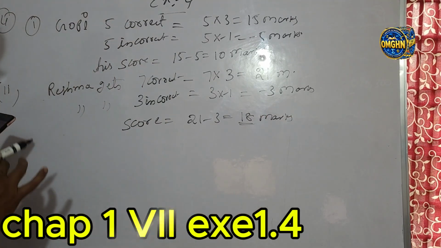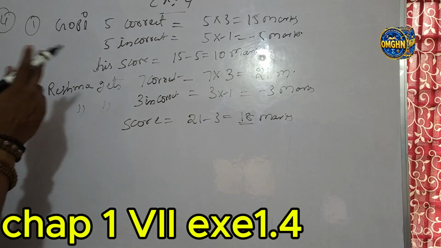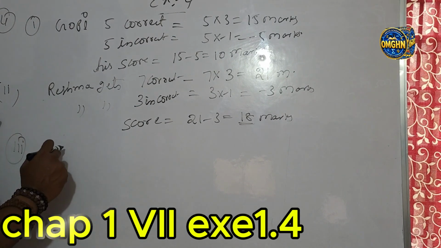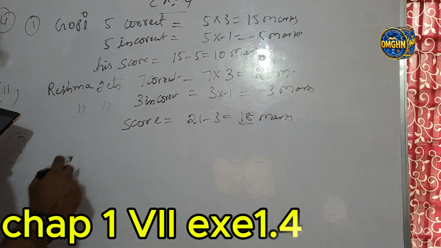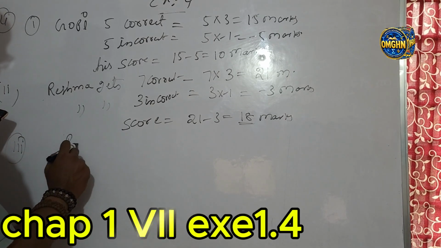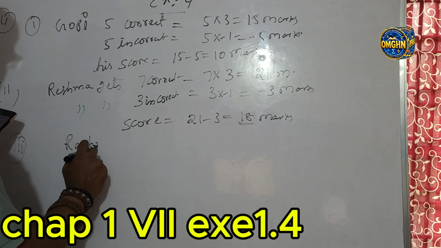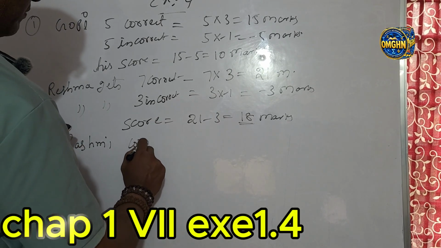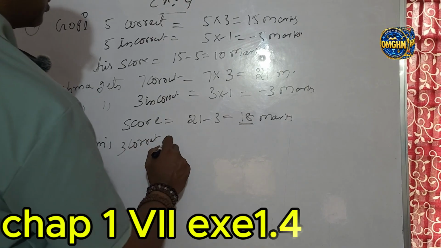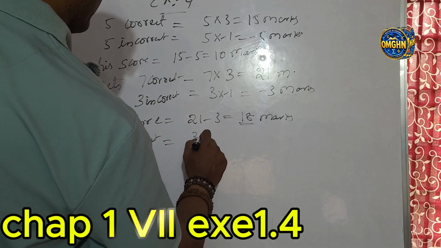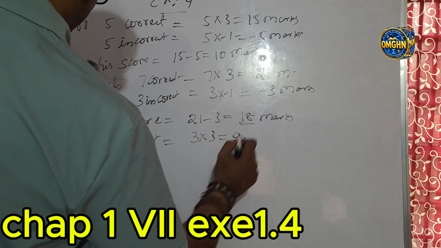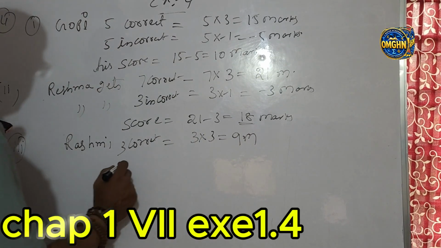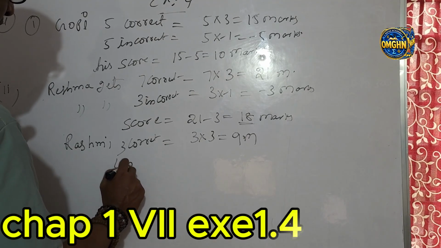Another question. Reshmi gets 3 correct and 4 incorrect. How many correct? 3 correct, that is 9 marks. And how many incorrect? 4 incorrect.